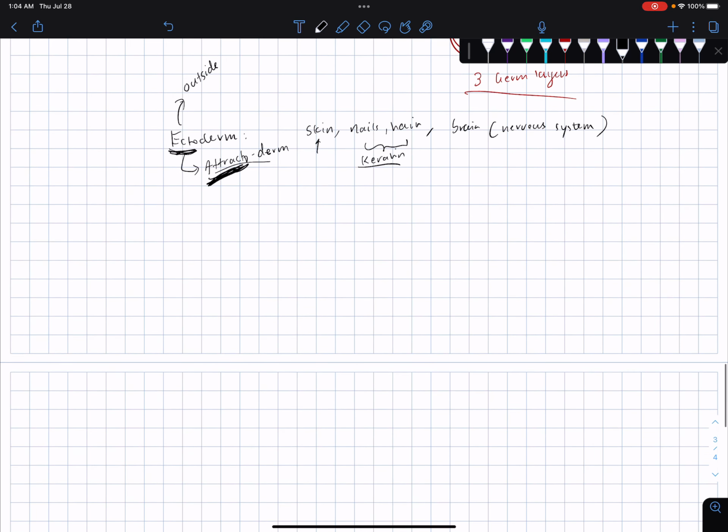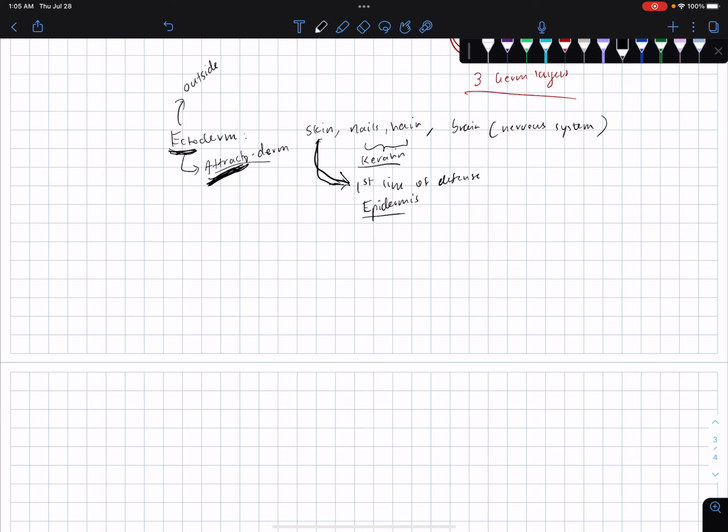When we see skin, this is the basic outer portion of our body. This is the first line of defense that our body has against the outside world. And that is lined by the epidermis, which I'm sure you have heard before.